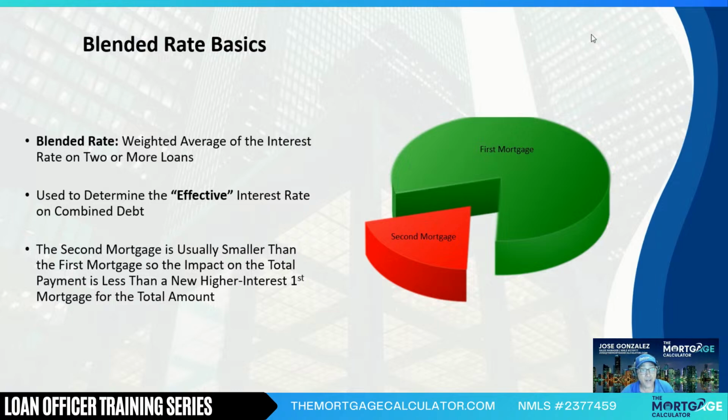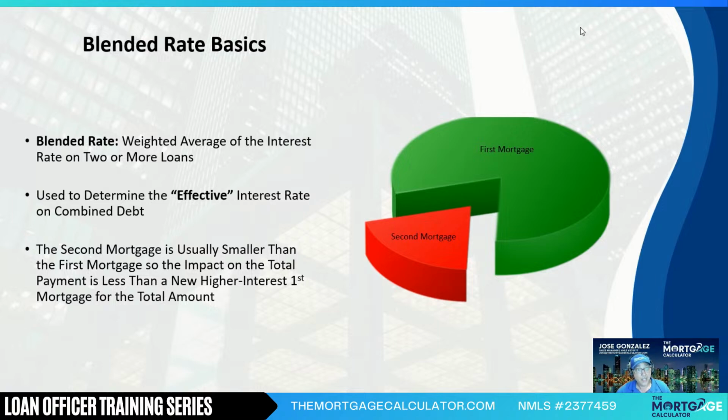Now, the blended rate essentially is the effective interest rate on the combined loans. It just sounds cooler and is easier to visualize when you tell somebody the blended rate as opposed to the effective rate, which is the real rate that they're paying when combining those two loans.